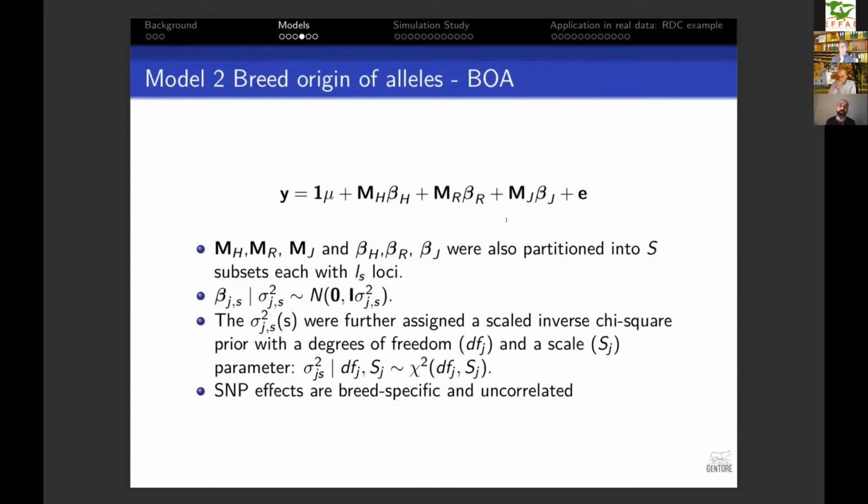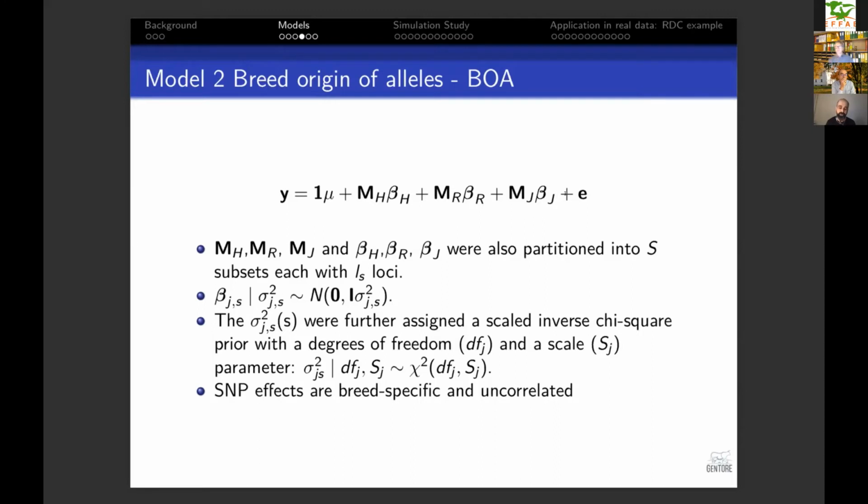For the model that we came up with, we also did the same splitting of the genome into chromosomal segments. Maybe I should first mention what these components are. Each of these M matrices is a breed-specific component. If we have an individual which is Holstein, then all the entries are here, but we have just zeros at this part. If an individual is a cross of, for instance, Holstein and Red, then we have entries in this matrix and here, and everything here is zeros.